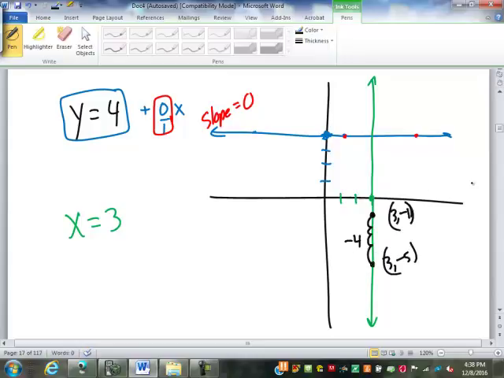Didn't go over at all. So my rise over run would be negative 4 over 0. If I do negative 4 divided by 0, what happens? My calculator says error. The slope of this line does not exist.